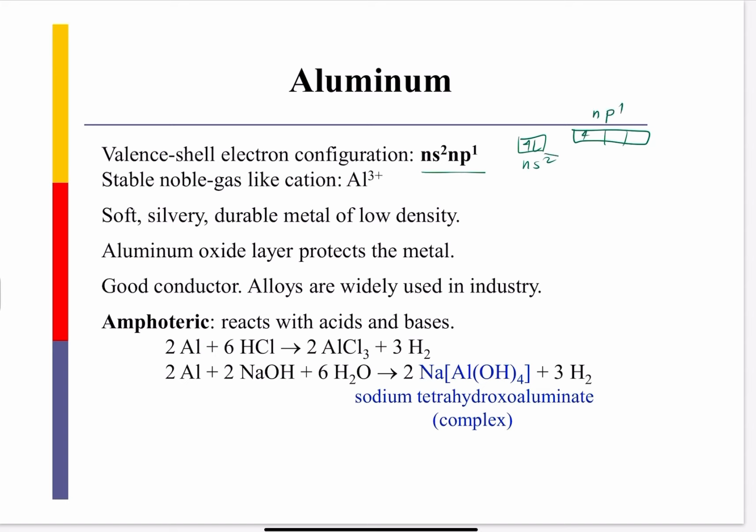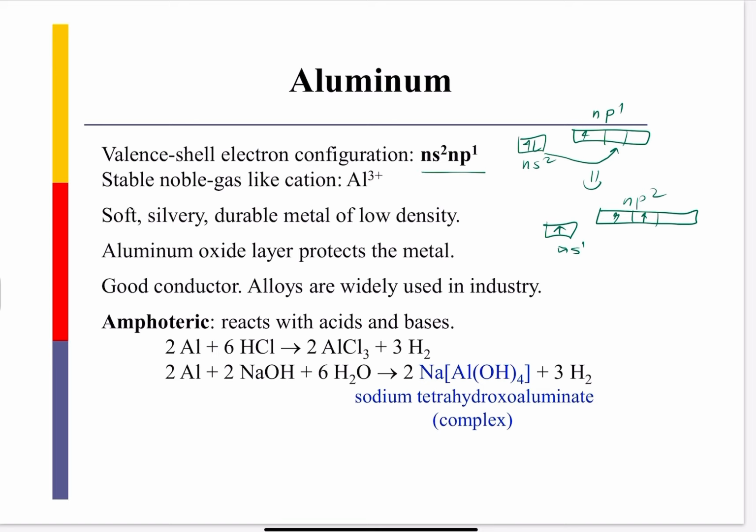But because of promotion, 1 electron jumps, and we can have 3 unpaired electrons: ns1 np2. And if we have hybridization, it is possible to produce sp2 in the 3 situation.